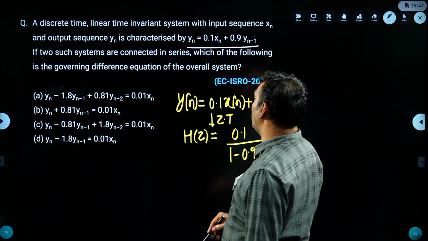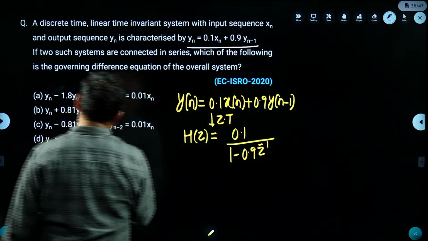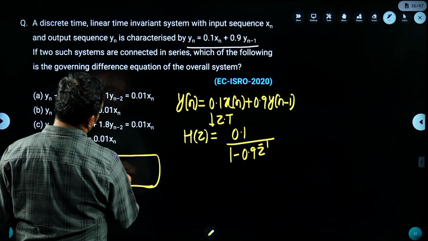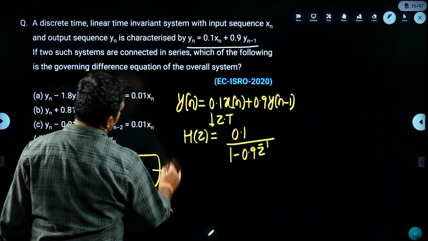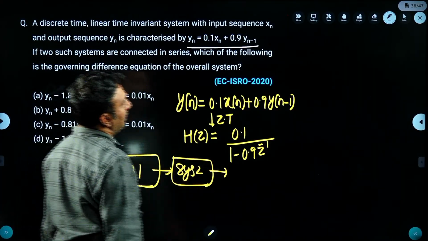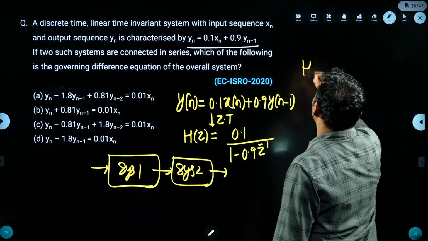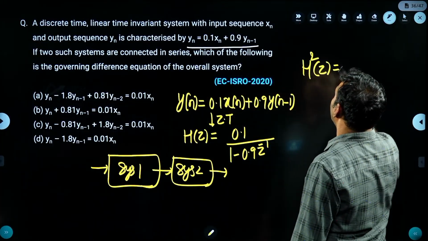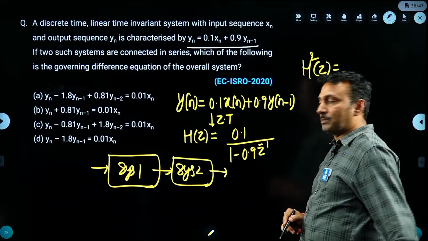But it says two such systems are connected in series. They have the same transfer function, system 1 and system 2, connected in series. Indirectly it is H squared(z). In the transform domain it is a product.